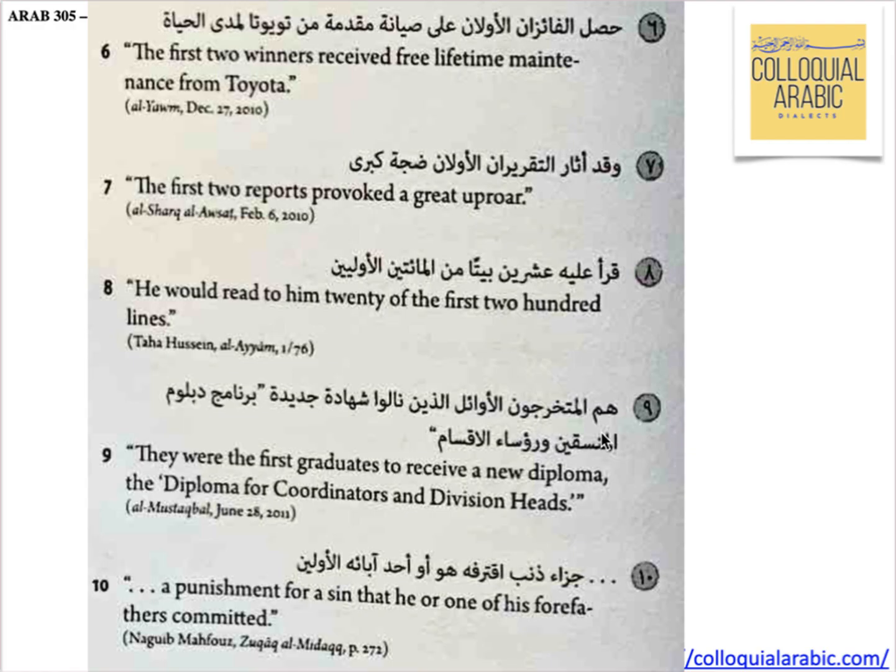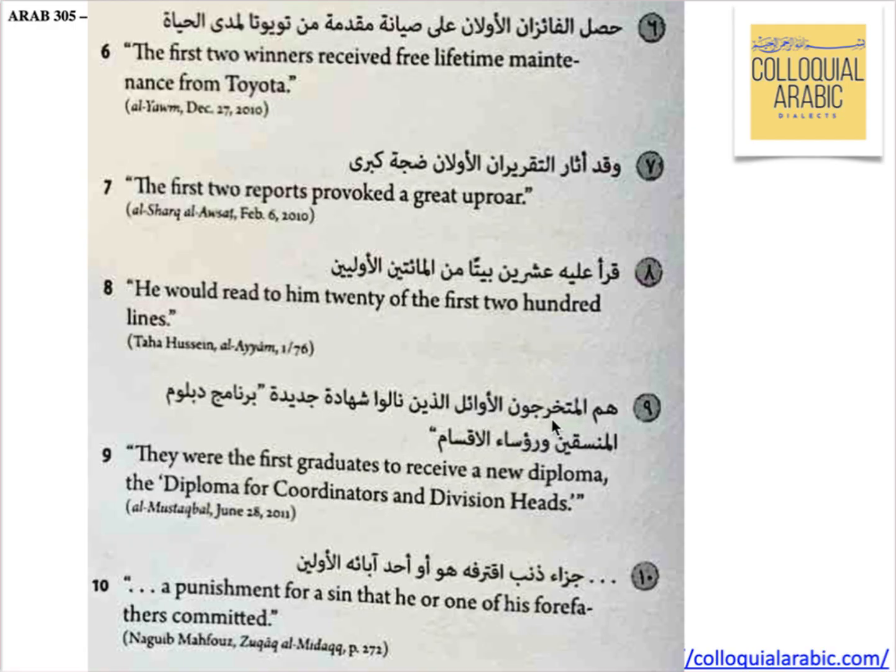Let's see some more examples of the use of the ordinal form of the number 1 in the adjective. هم المتخرجون الأوائل الذين نالوا شهادة جديدة. They were the first graduates. Because it's the plural form of awwal, al-awa'il, that's why متخرجون are also in the plural form.